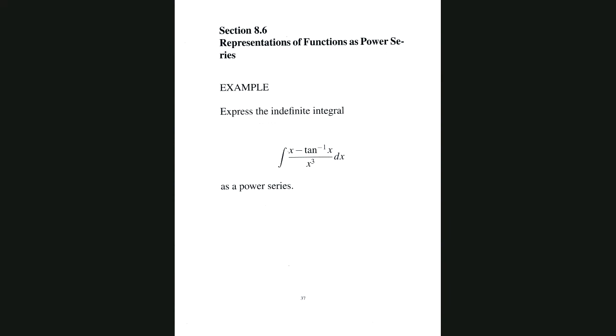Okay, so we want to express this indefinite integral, which is the integral of x minus the arctangent of x over x cubed dx, as a power series. Offhand, what's the hardest part of the problem?